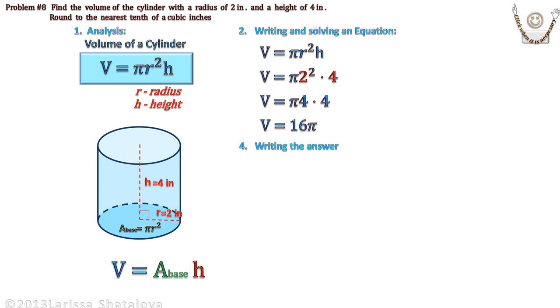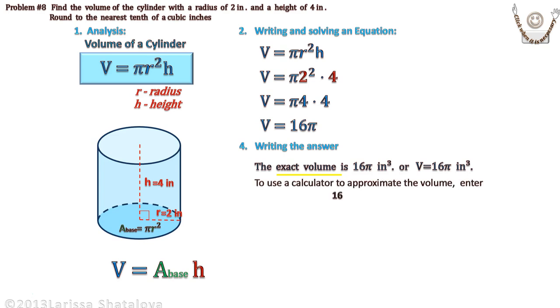So the exact volume is 16 times pi cubic inches, or we can show V equals 16 times pi inches cubed. But if we use a value for pi, we can use our calculator to approximate the volume, and we have to enter 16, then press times, press pi, equal, and you will see the value.